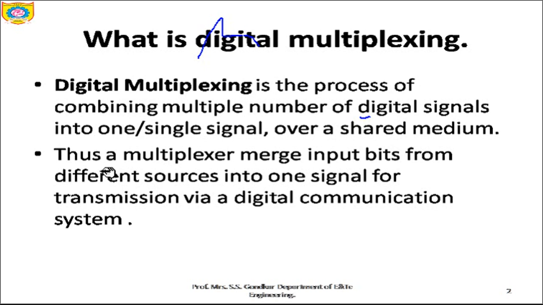Thus a multiplexer merges input bits from different sources into one single stream for transmission via a digital communication system. In short, it is a many-to-one converter, and as our input signal is digital, we call it a digital multiplexer.